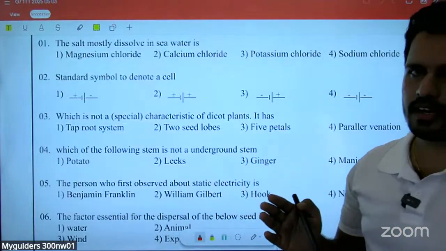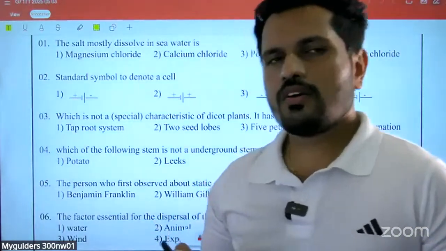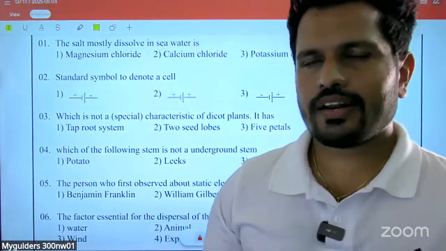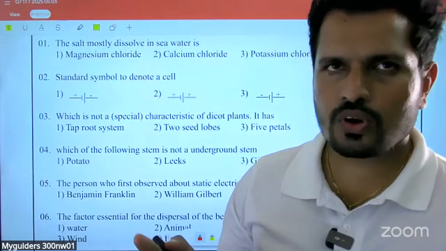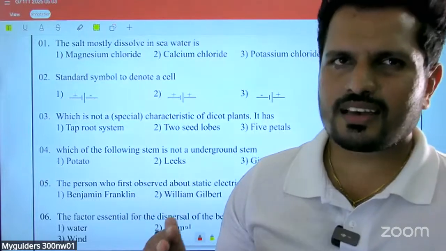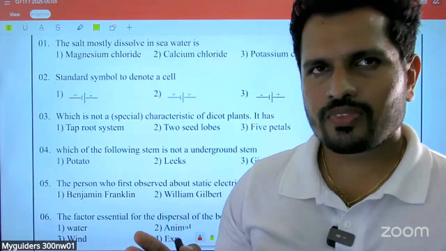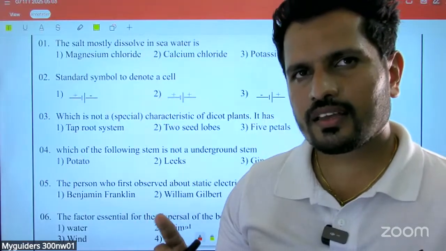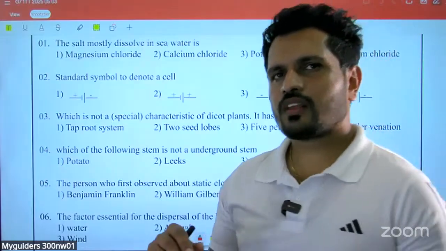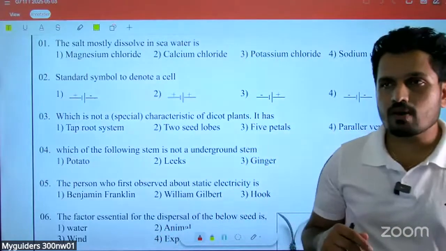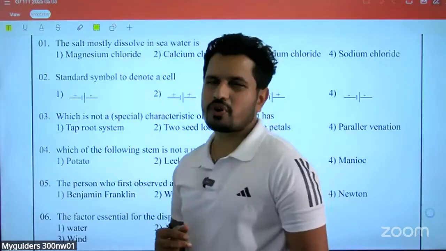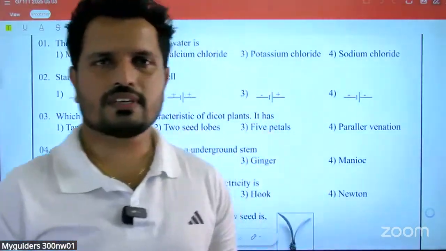Not like fresh water. In fresh water also we have some minerals, some ions dissolved in there. But when compared with seawater, we can observe a very limited amount of salts in fresh water, right?